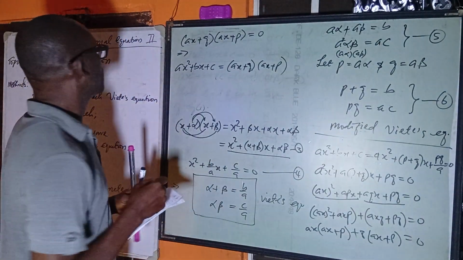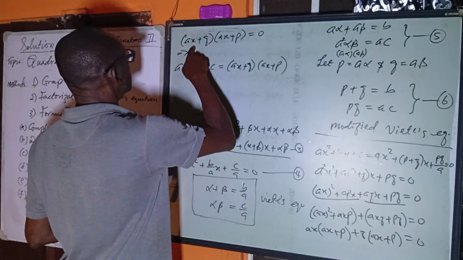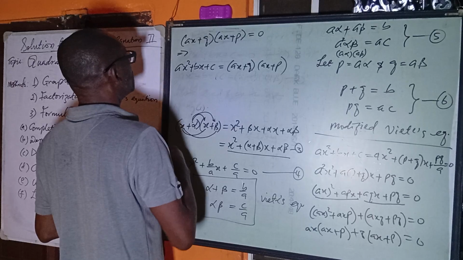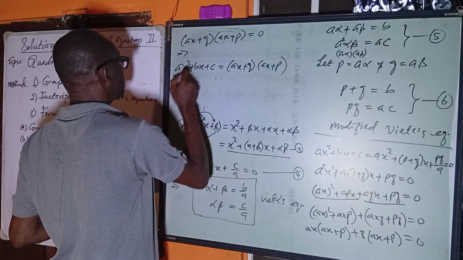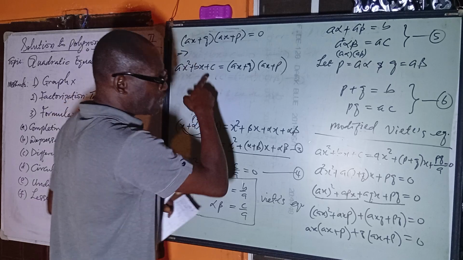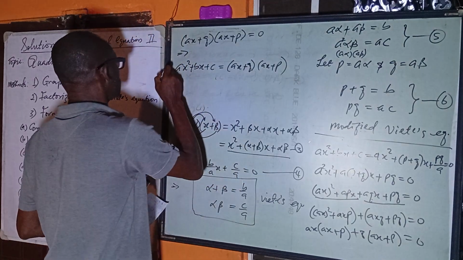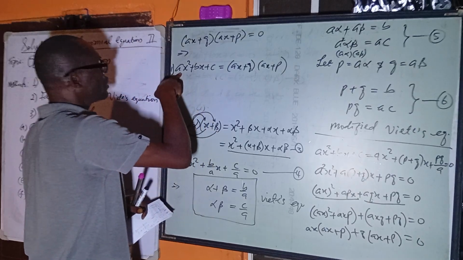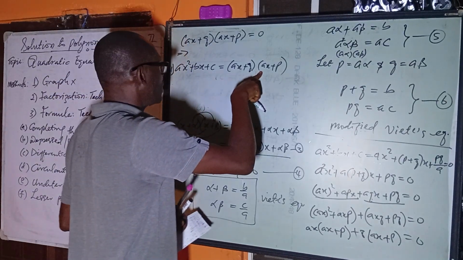Then note further, if this multiplied by this equals 0, it means that each of them can be zero. So the implication is, one, this quadratic equation has been factorized in this manner.